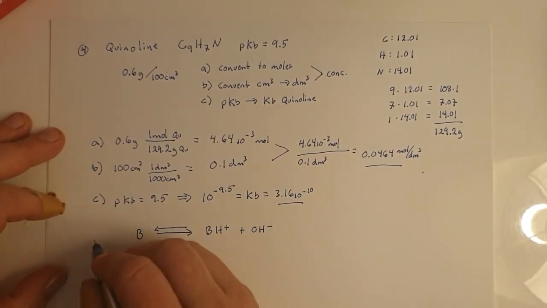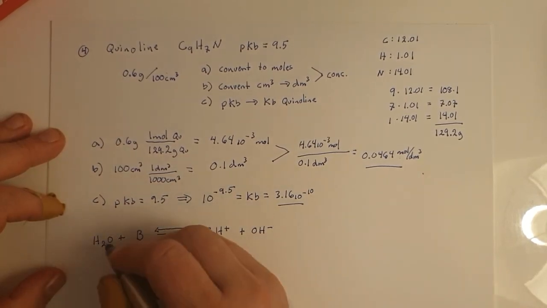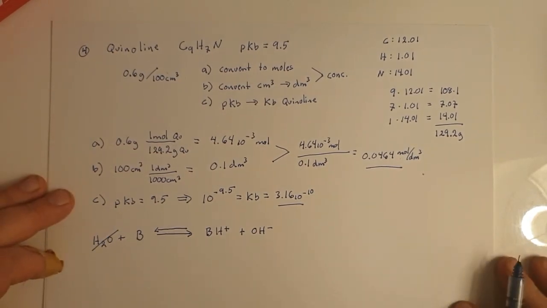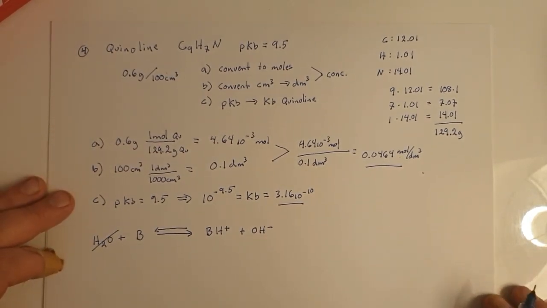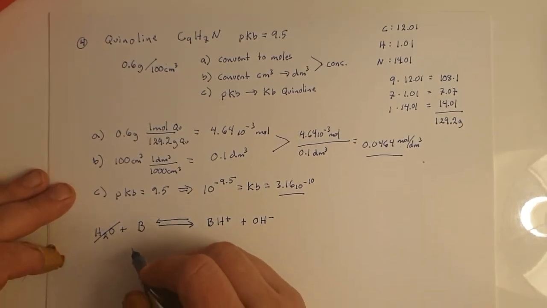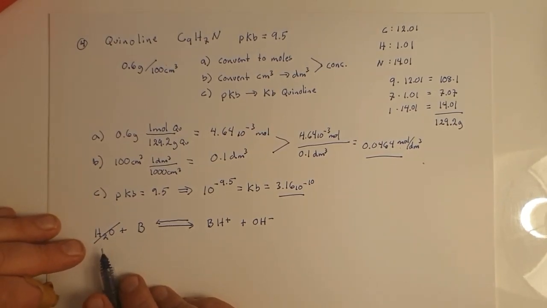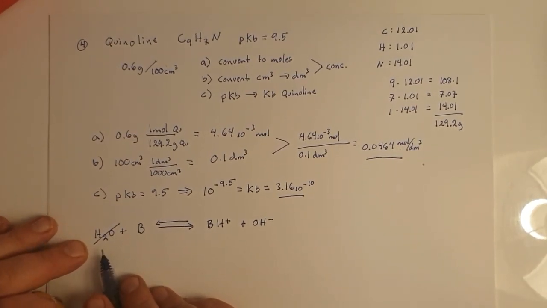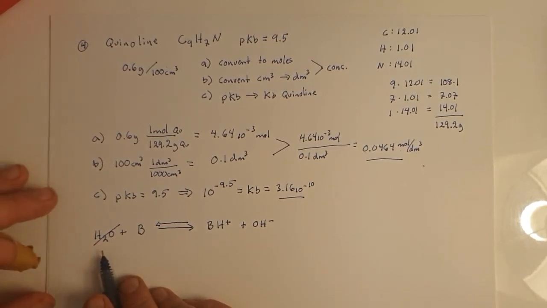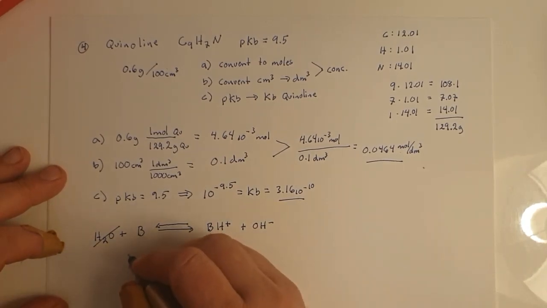There is an implied water here that we're going to ignore, not because it's not important, but because the change in concentration for water is so small that we're not going to consider it. The change in volume due to water is not that large, and water cannot have a concentration in water. Sorry, I need to clarify that.